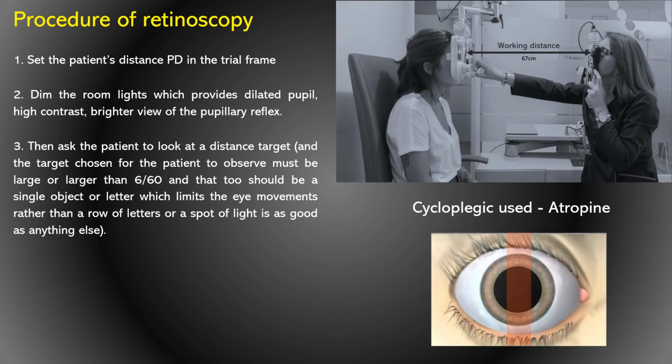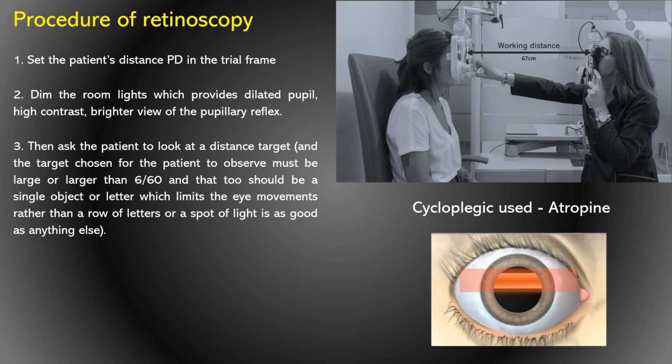Then position the streak of the retinoscope at the patient's pupil, sweep the streak across the pupil and observe the characteristics of the reflex, which I mentioned earlier in the video. Change the orientation of the streak from vertical to horizontal, sweep again and observe the red reflex, and repeat for other meridians too.